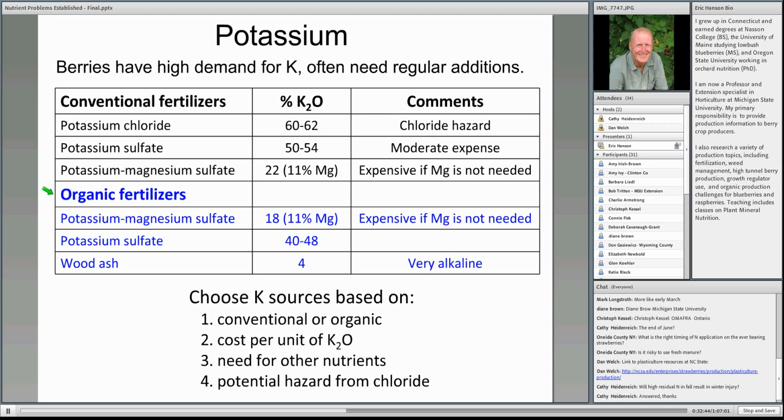There are organic sources of SOPO-MAG and of potassium sulfate as well. This is a different material than the conventional one, in that it's apparently less processed, so it's usable organically. And then, of course, wood ash contains a fair amount of potassium, but it's very alkaline. So if that's being used in blueberries in particular, it would have the effect of increasing soil pH.